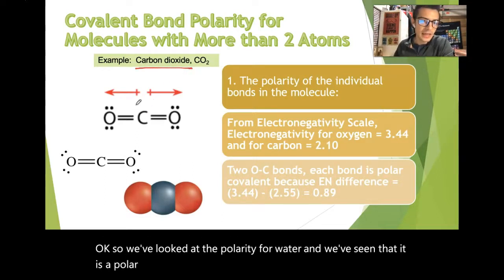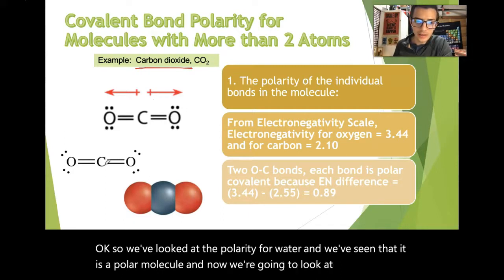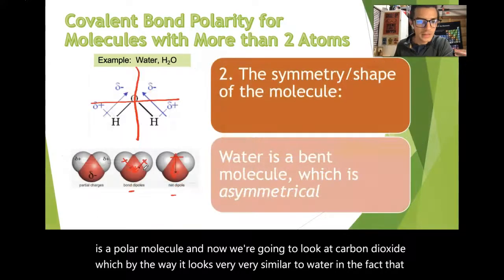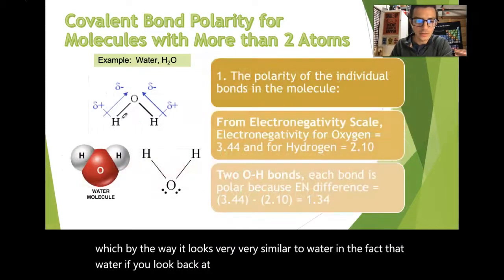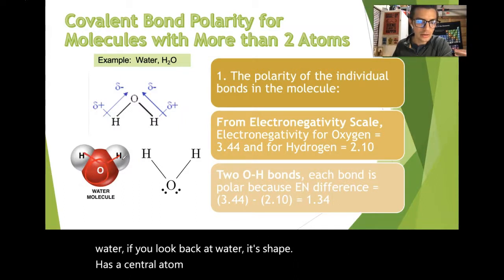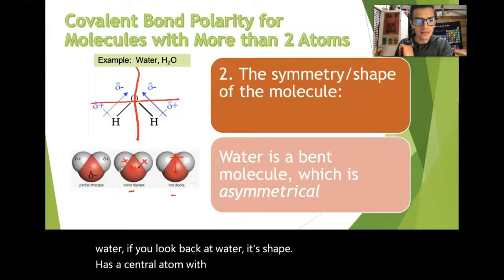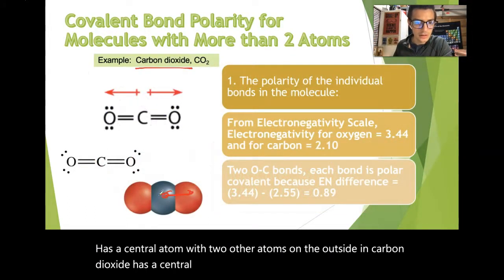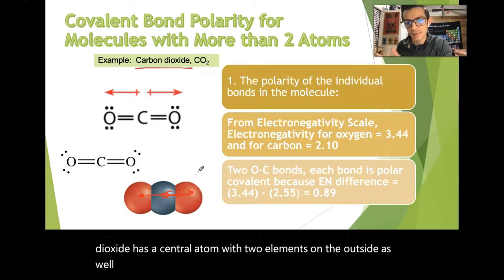And now we're going to look at carbon dioxide, which, by the way, looks very similar to water in the fact that water has a central atom with two other atoms on the outside, and carbon dioxide has a central atom with two elements on the outside as well, but the shape is different. I hope that's obvious.